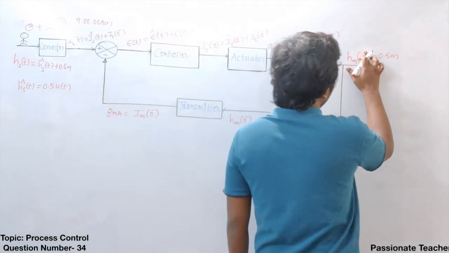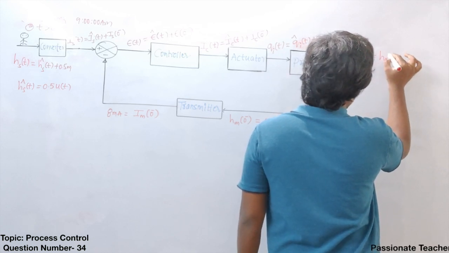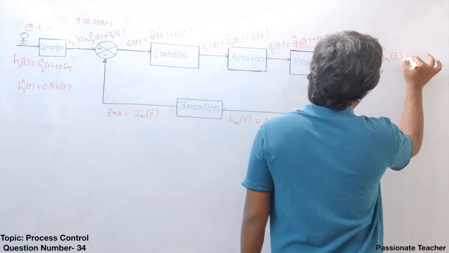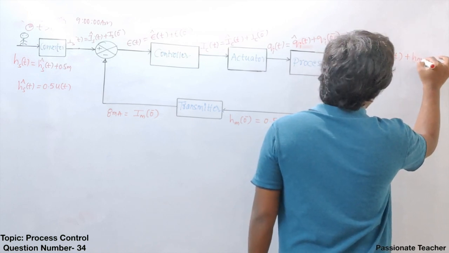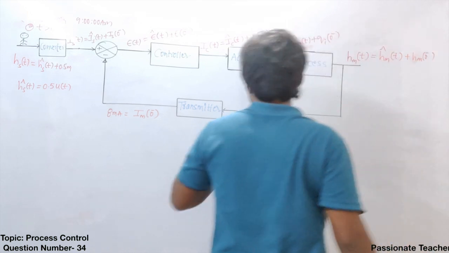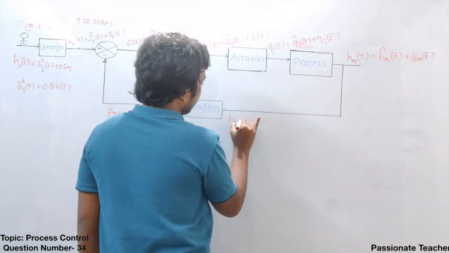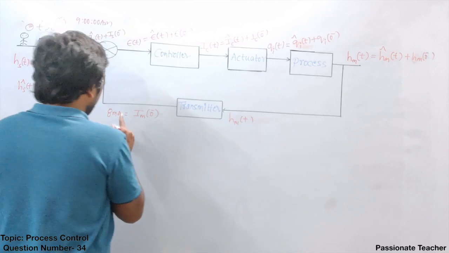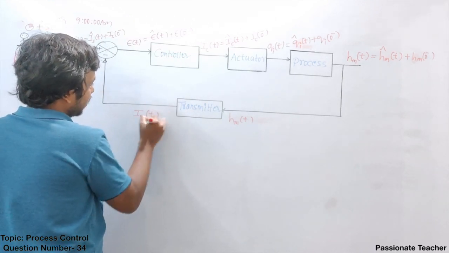But what about the water level here? Naturally the water level will be Hm cap of t, some deviation, plus 0.5 meter as the initial value, that is Hm of 0 minus. Clear? So this is going to be Hm of t hereafter, and this is Im of t. Clear?